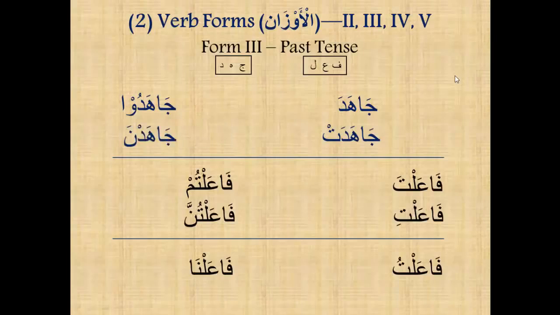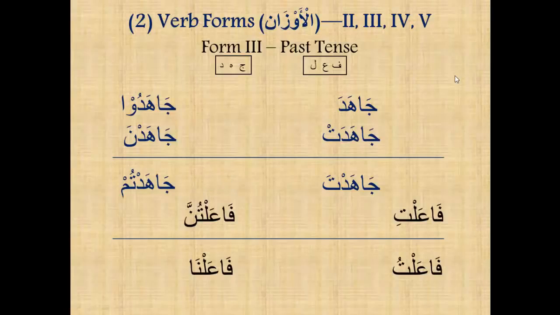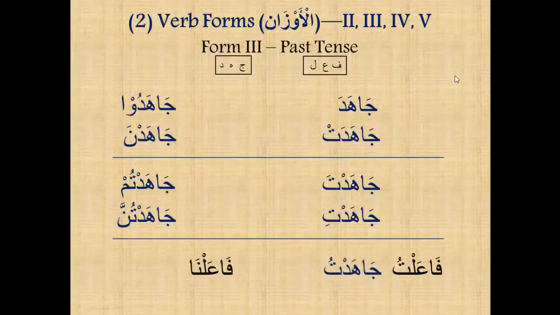Fa'alta, jahadta. فاعلتم جاهدتم. فاعلت جاهدت. فاعلتن جاهدتن. فاعلت جاهدت. فاعلنا جاهدنا. Again, the defining characteristic of Form 3 is that elongation, that alif after the first root letter.